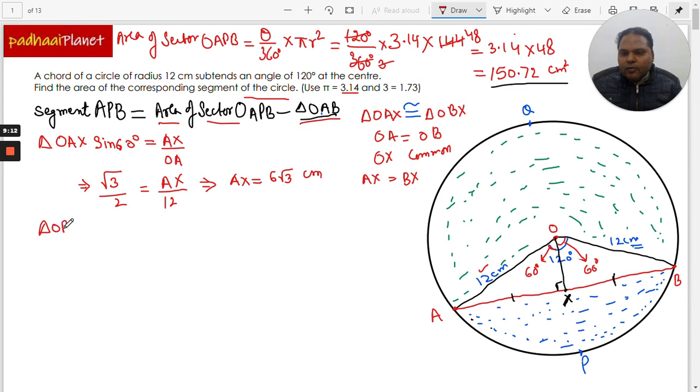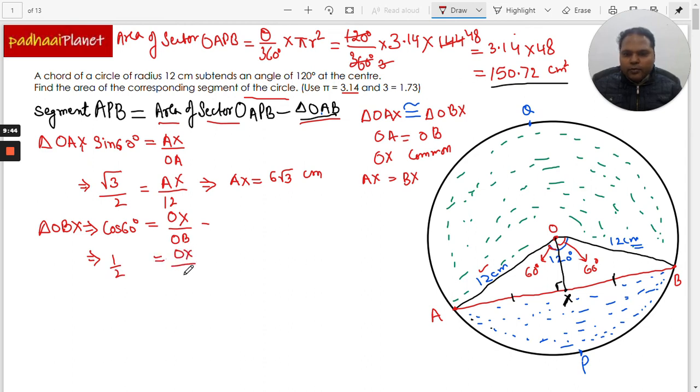And now similarly we will look into the triangle OBX also. If we look at this triangle, then we find that cos 60 degree is equal to OX upon hypotenuse, and that's OB, and cos 60 degree is 1/2, and this is OX.